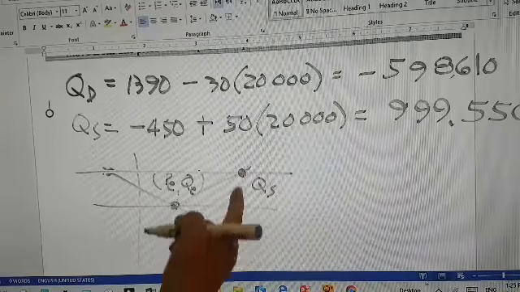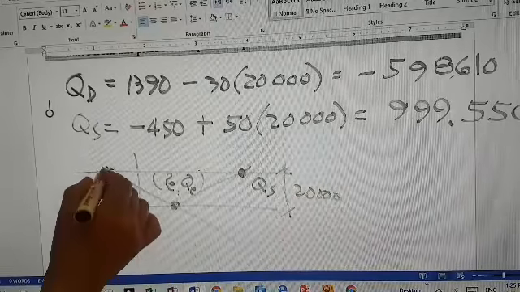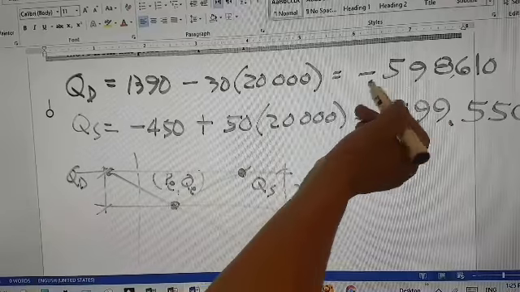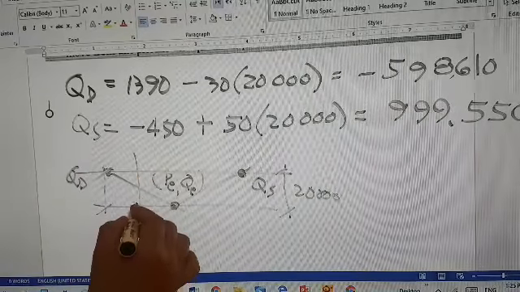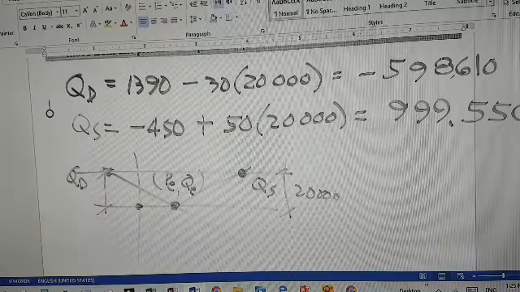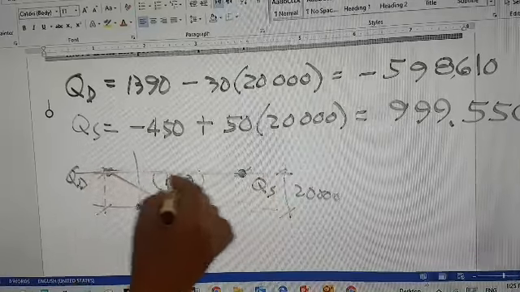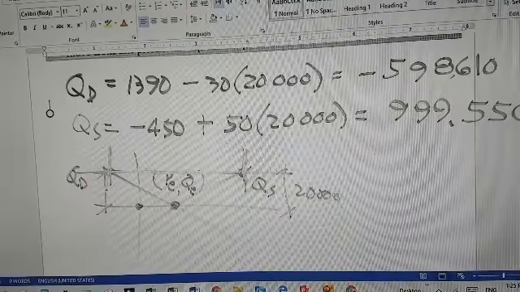That's the 999,550 at 20,000 height. Okay, and this is the QD, that is the negative because it's at the left side of the origin. So that's negative 598,610. You get the difference to get the distance of the two.